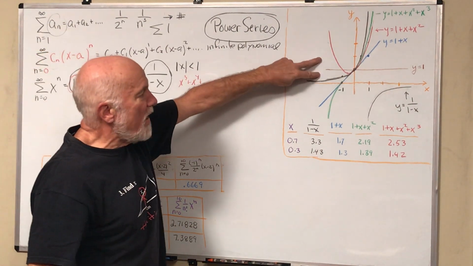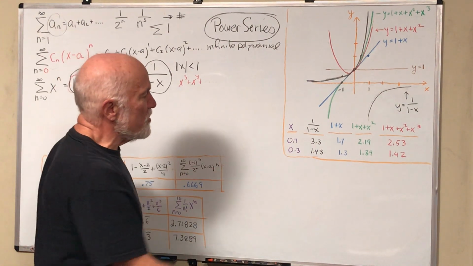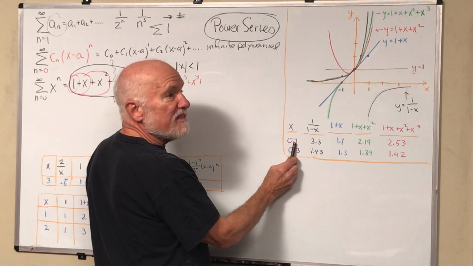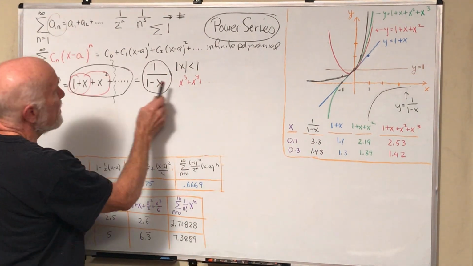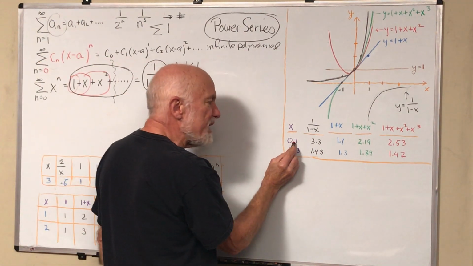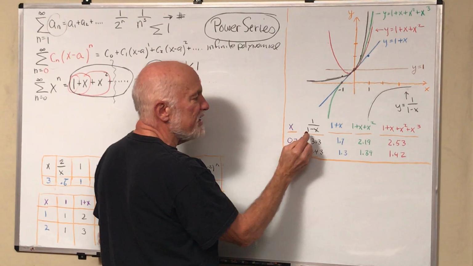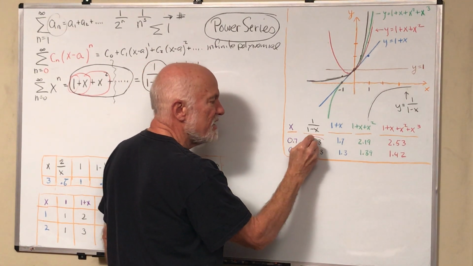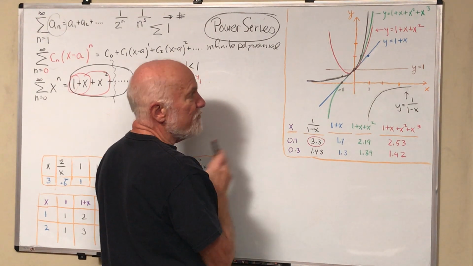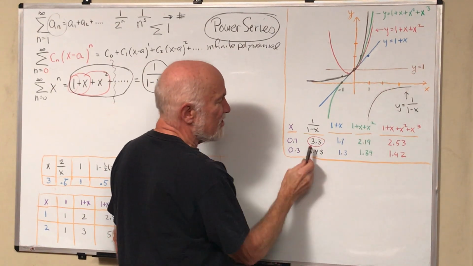Now, besides the graph, I plugged some values into the calculator to show you. So at 0.7, that's getting farther away from the center here, 0. So it's not going to do a great job here. So what happens when you plug 0.7 into 1 over 1 minus x? You get 3.3. Well, if you use this horizontal line, I didn't write it down, but that's always going to say 1.